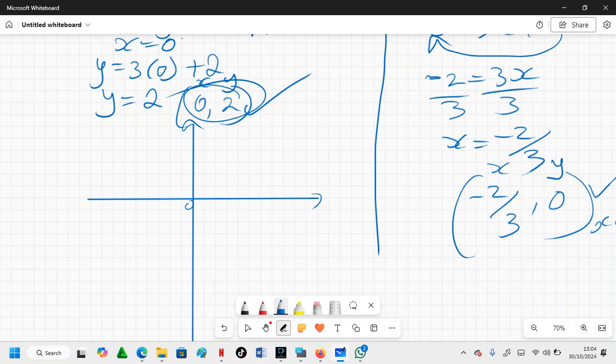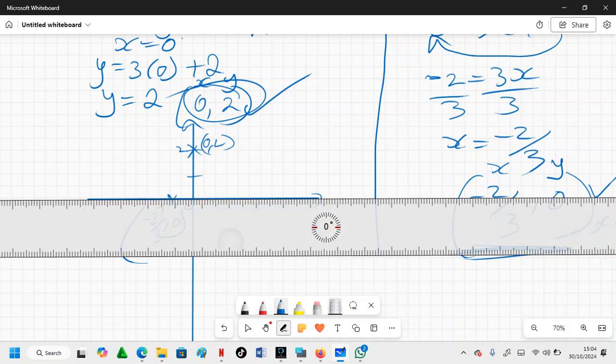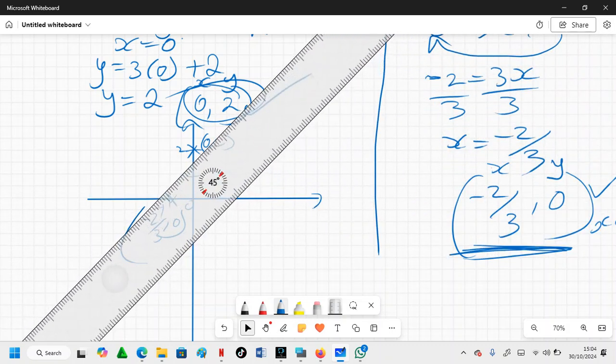If this is 1 and this is 2, so it is there. That is the point. And then this point right here is negative 2 over 3, which is almost negative 1, so it's somewhere there. So this is the point (0, 2), and this is the point (negative 2 over 3, 0). You only need 2 points to draw a line. You don't need very many points, just 2 are enough.